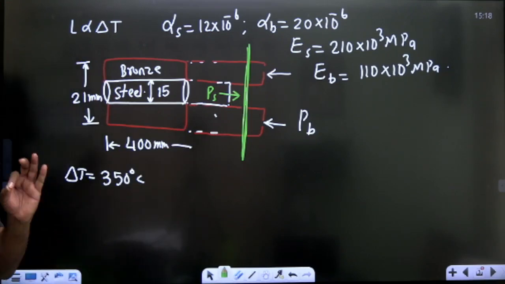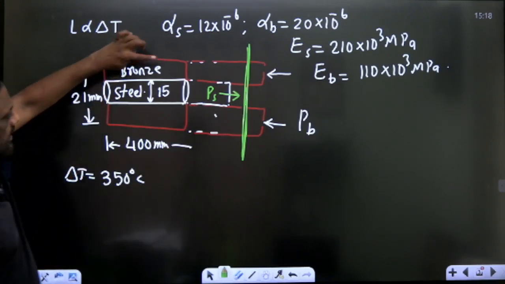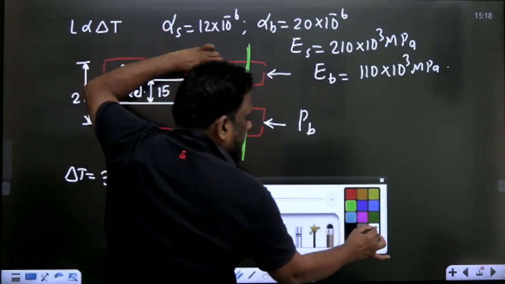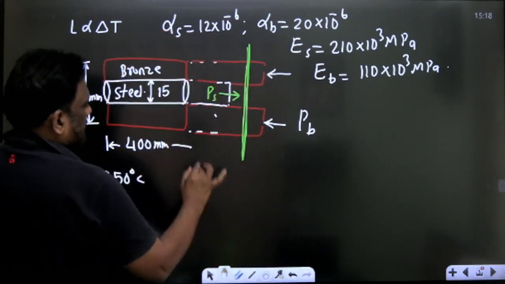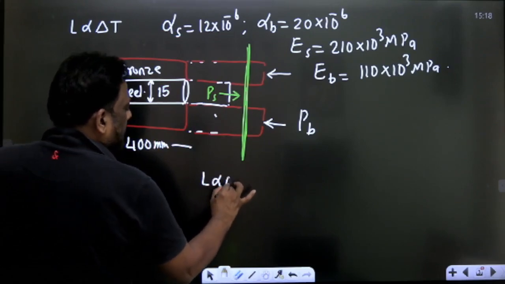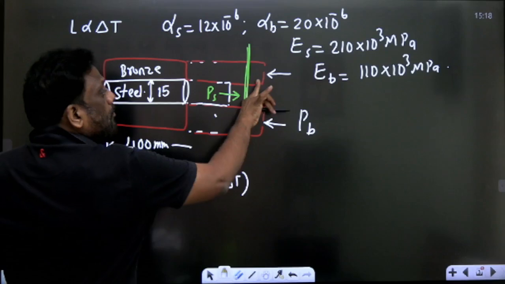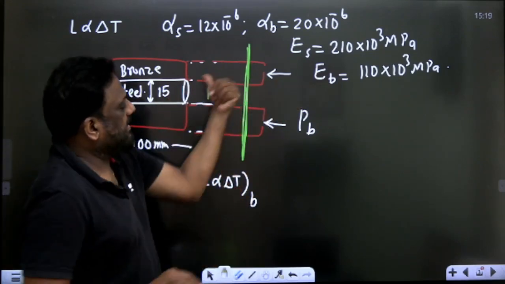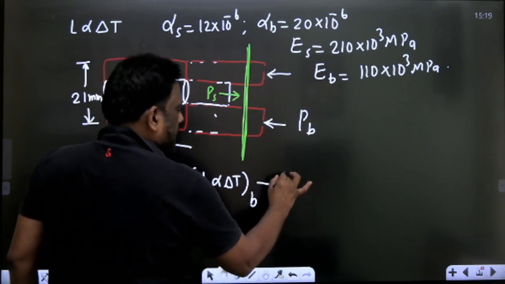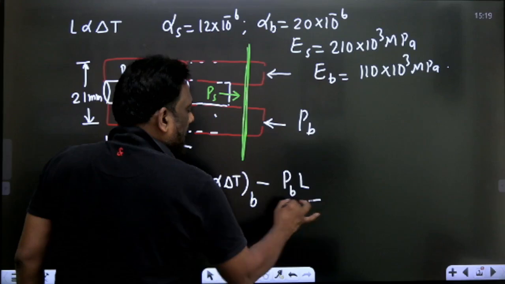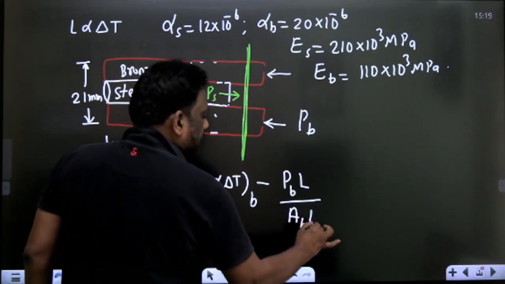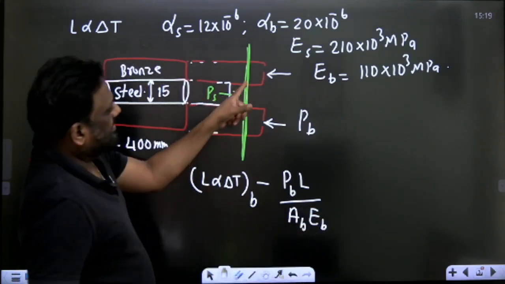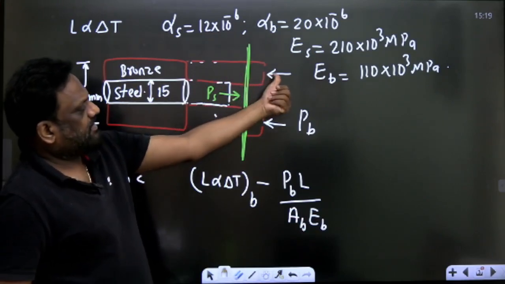Now let us write the compatibility equation. If I write the compatibility equation, it will be like this. L alpha delta T for bronze, this is the free expansion, minus P L by A E. Because of this large expansion, it will be subjected to compression.